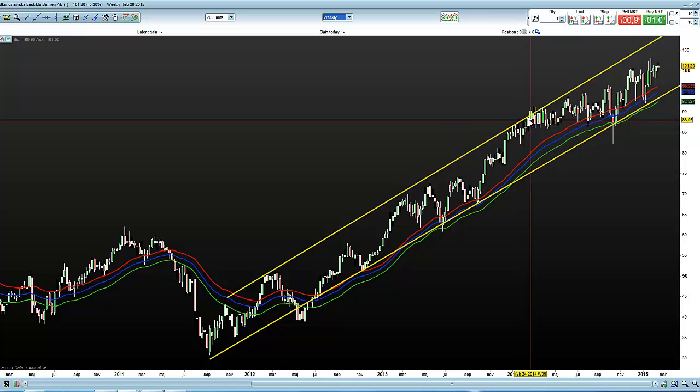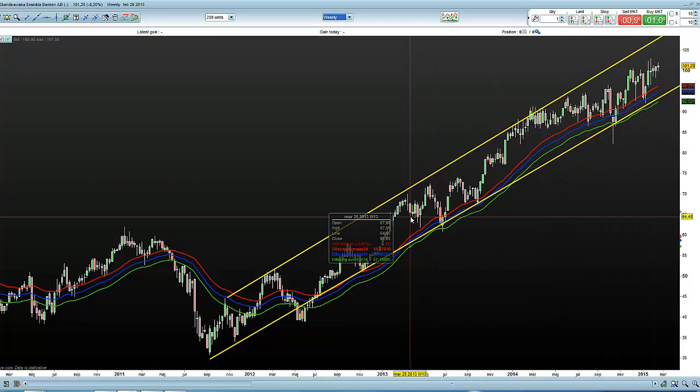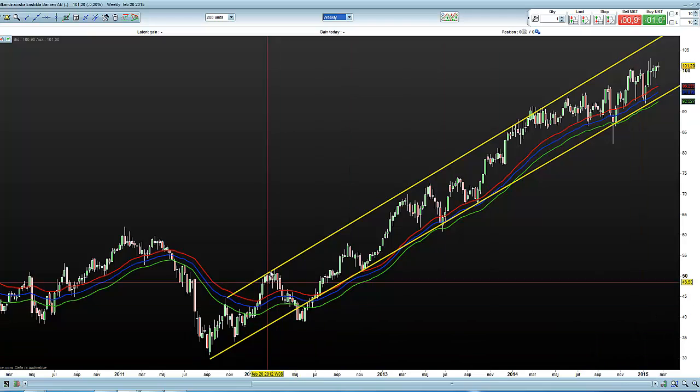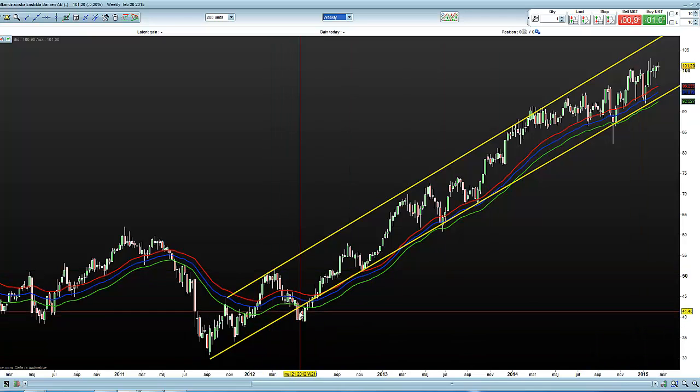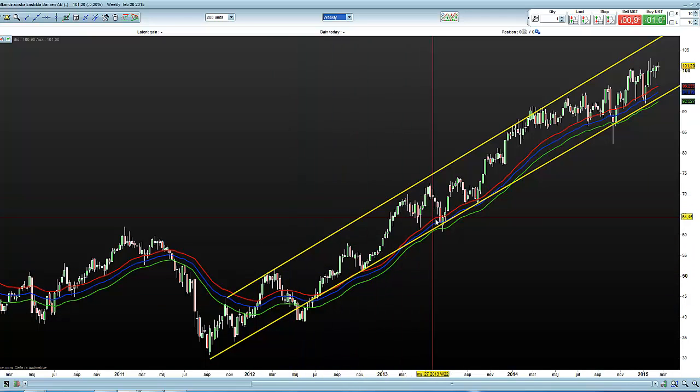So if you just want to sell the stock, just sell at the top of the channel, and then maybe buy it back at the bottom of the channel. This will not work forever because eventually it will break, but this is a trading strategy that might work sometimes, because from 2012 to 2015, you could have just sold at the top, bought back at the bottom, sold at the top, bought back at the bottom, or you could have done the lazy way, buying at the bottom and selling at the high.